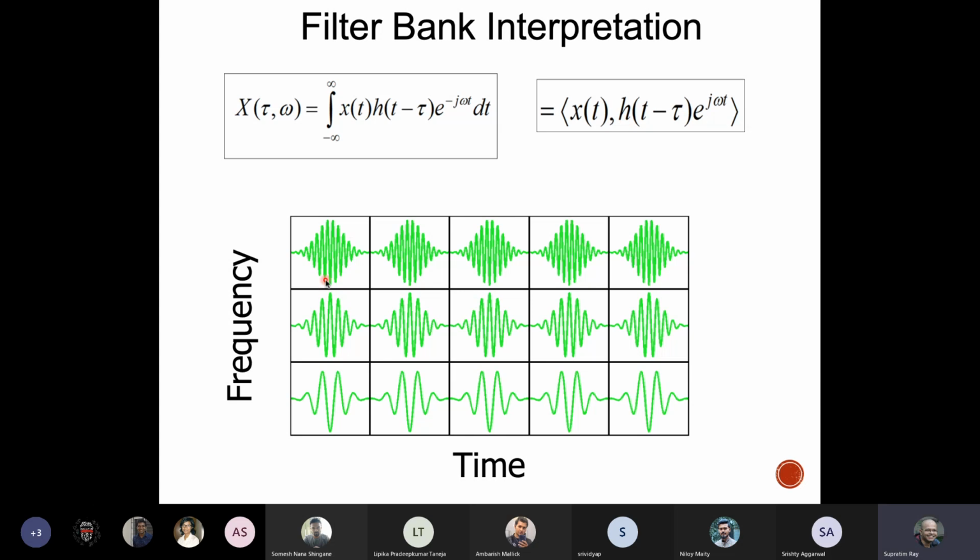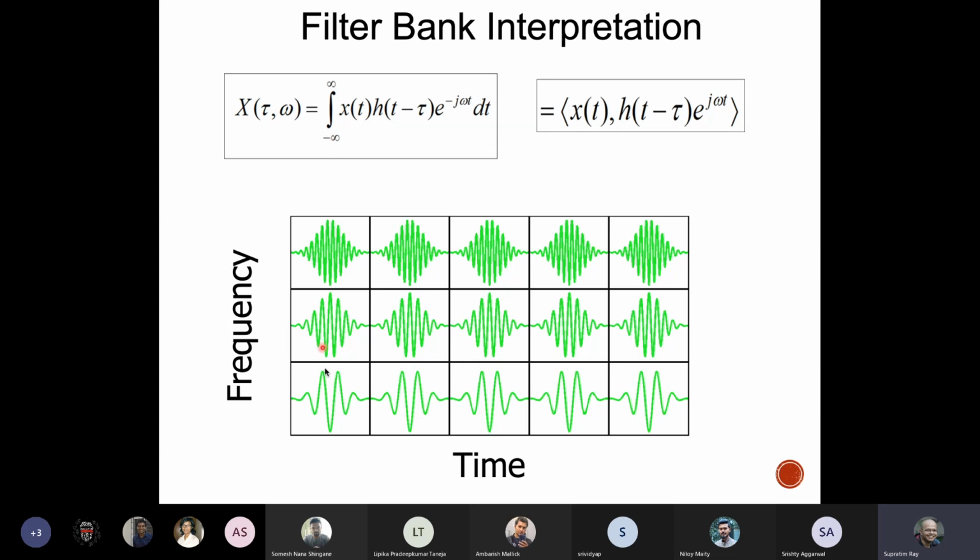That's right. According to the frequency, it's a different filter. So this is one filter, that is one filter, this is one filter, and so on. Okay, and you're taking an inner product with each one and getting one value, which is the inner product of the signal with that filter. So for each time point, there are lots of filters, one for each frequency.